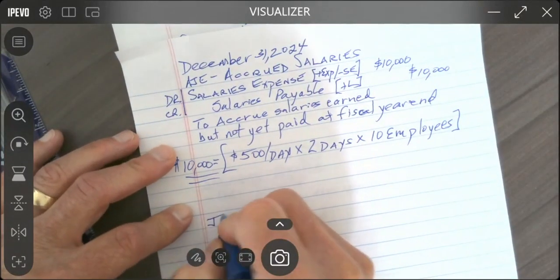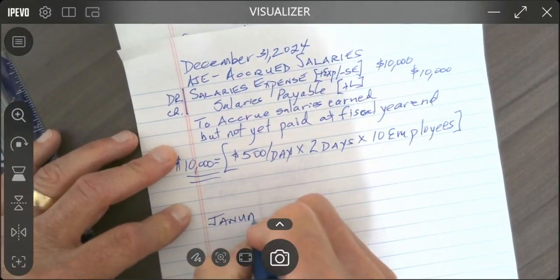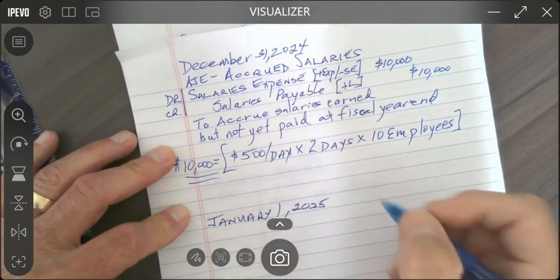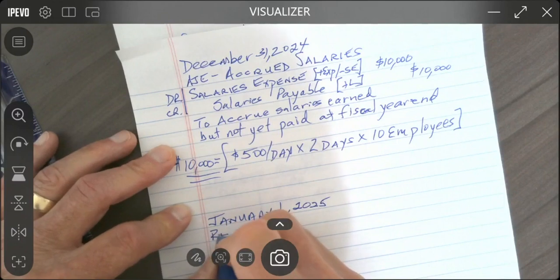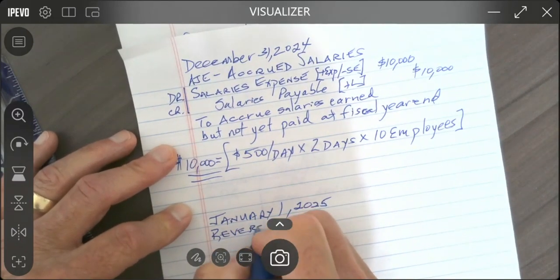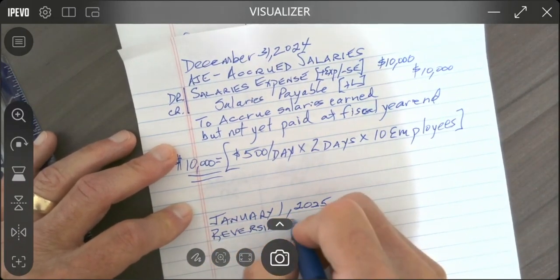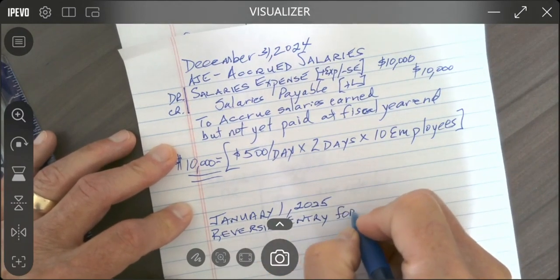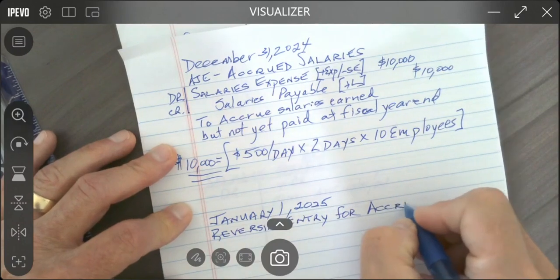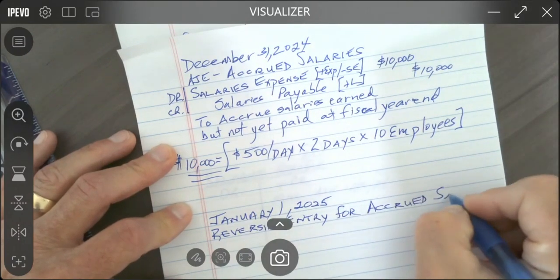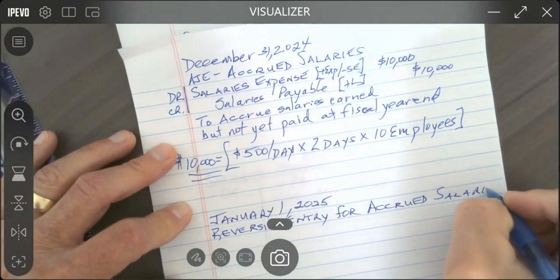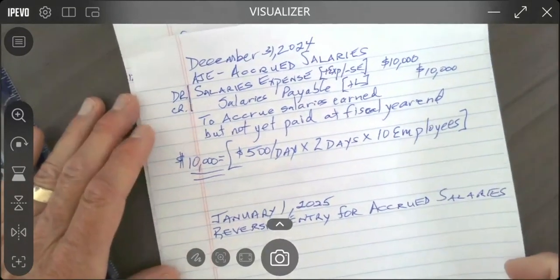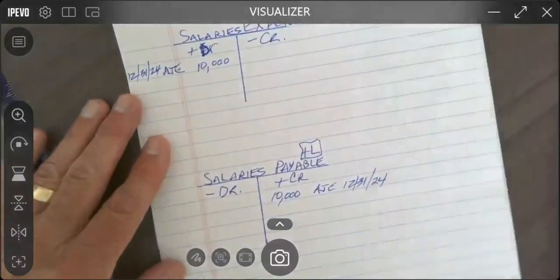This will be the first journal entry on January 1, 2025. And I will show you why in a moment. Make this make sense. So stay with me, and this is going to completely make sense.